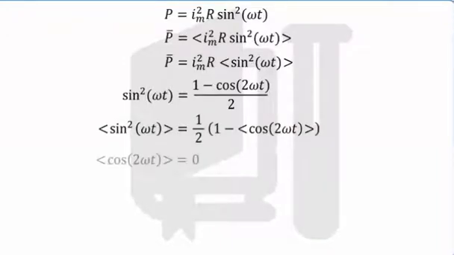However, the average value of cos 2 omega t over a complete cycle is 0. This makes the average of the sine square omega t over a cycle as half.